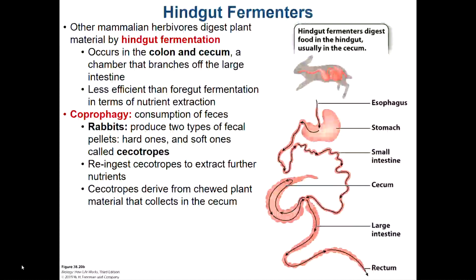And the cecotropes are derived from chewed plant material that collects in the cecum. So they're concentrating those nutrients that they did not get the first time the plant matter moved through their digestive tract so that they can get them the second time through.